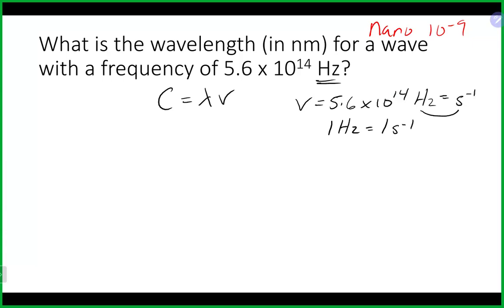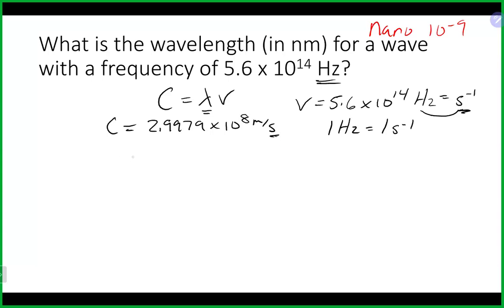We are looking for our wavelength, which is lambda. We do have c, which is never usually given to you in a problem. It's that constant, 2.9979 times 10 to the 8 meters per second. And again, that's why reciprocal seconds works here.